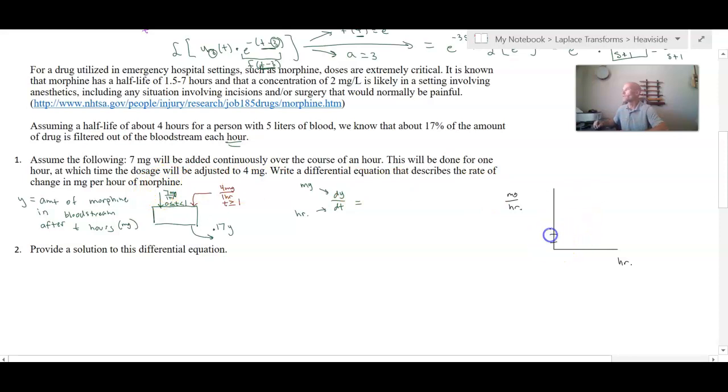So 1, 2, 3, 4, 5, 6, 7. From time 0 to time 1, we want to be infusing at a rate of 7 milligrams per hour. I'm going to put an open circle there at time 1 since we're going to stop that infusion there. And then we're going to drop this down to 1, 2, 3, 4. And then it's going to remain at 4 milligrams per hour for as long as the doctors decide.